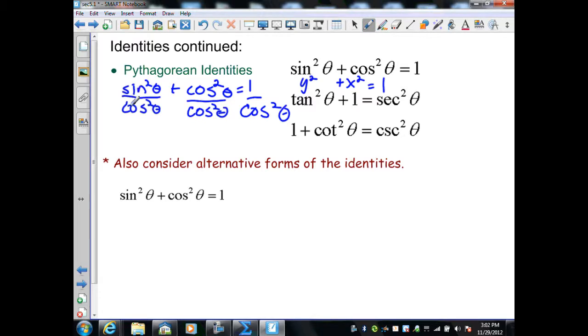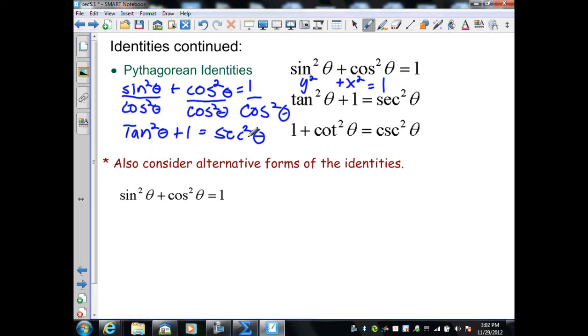Sine squared theta over cosine squared theta would give us tangent squared theta plus cosine squared theta over cosine squared theta, which is 1, equals 1 over cosine squared theta, which would give us secant squared theta.